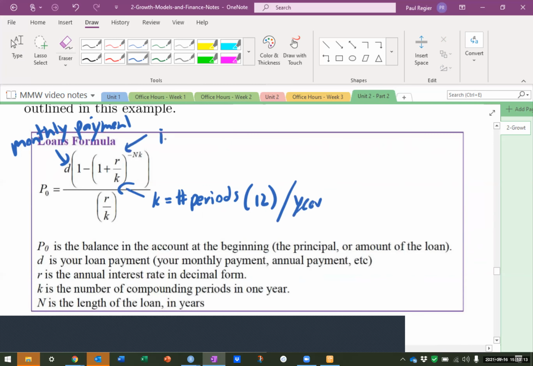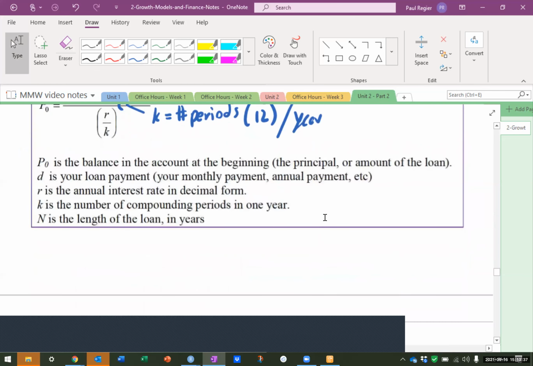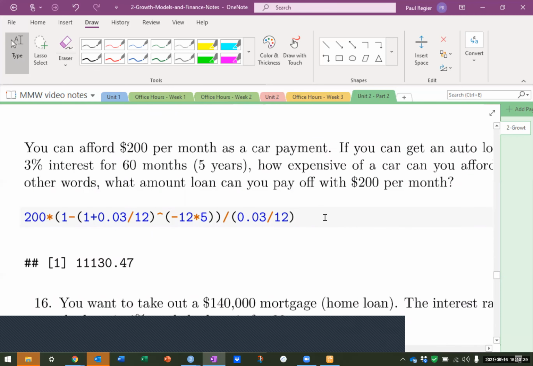R is your interest rate as a decimal. And N, the big N, is the length or term of the loan in years. So this is the loan formula. Again, it's kind of complicated. We have to use our parentheses judiciously, but let's see an example of how you do this.